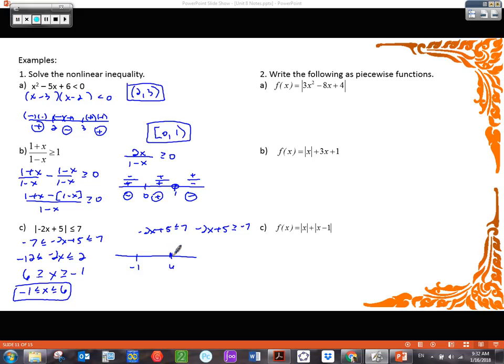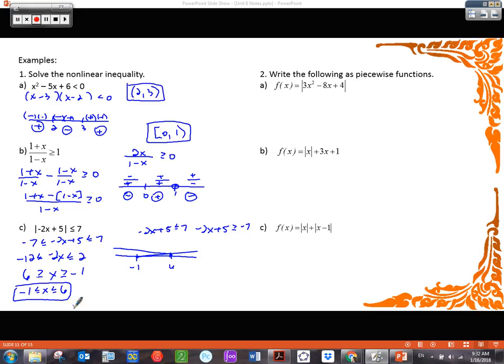So it goes that way. x needs to be greater than -1, so it goes this way. Are we doing an and or an or? We're doing an and. So which portion of the graph is the answer? The common portion, right? What's the same? These are the same from -1 to 6, so this is the correct answer.